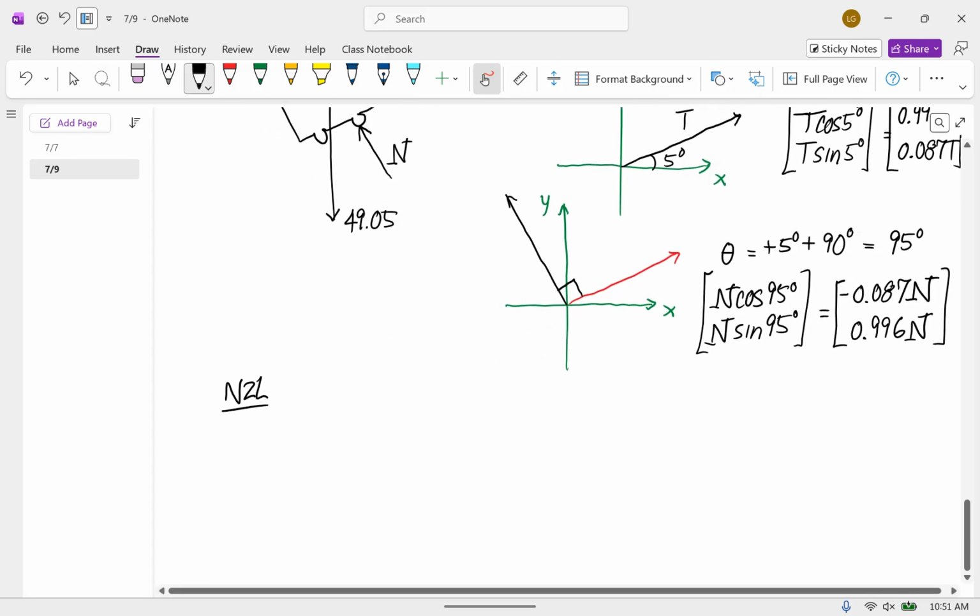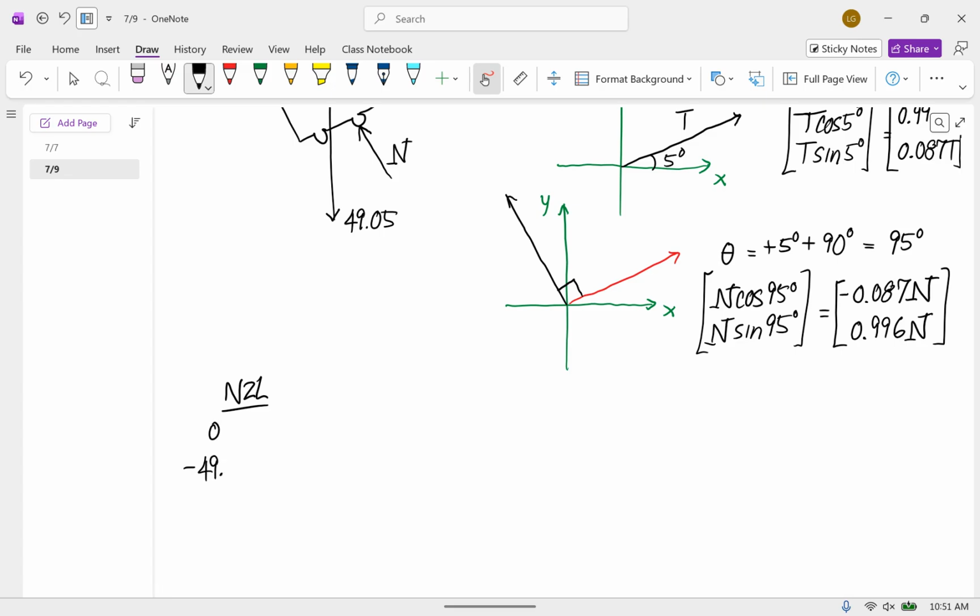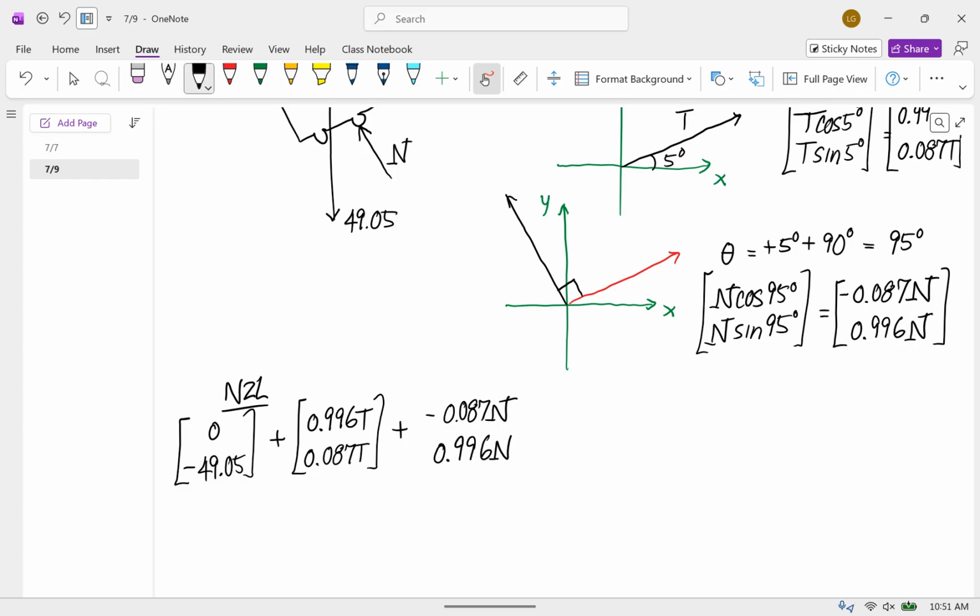Okay, so Newton's second law says, I'm just going down the list, 0, negative 49.05, plus 0.996 t, 0.087 t, plus negative 0.087 n, 0.996 n.